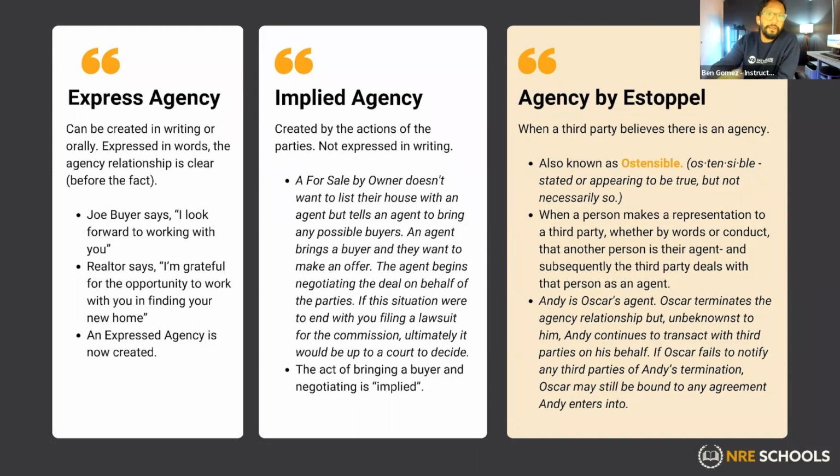But I am just expressing and implying that we are still working together, that I have a client, and that Carla might still be interested. So it would not be illegal. But Carla also doesn't have to transact with me at all because we have no written agreement. Agency by estoppel, ostensible. Both same thing.